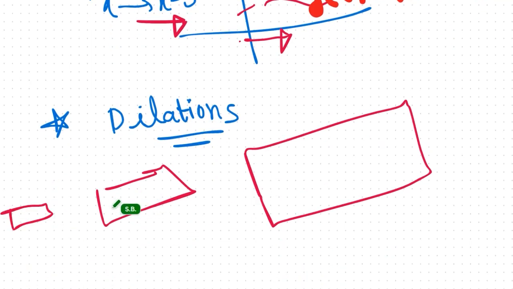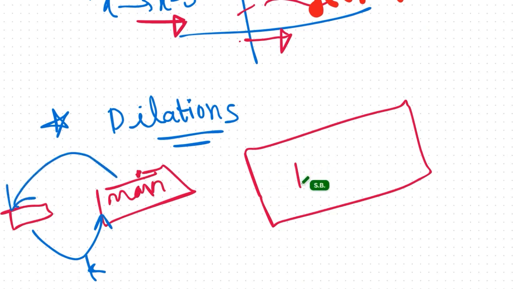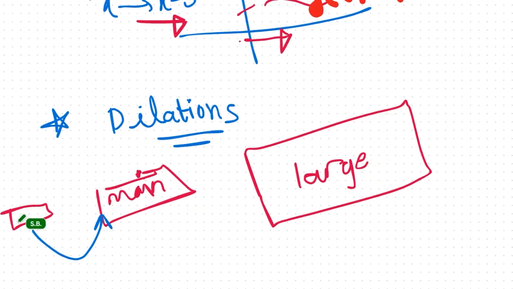Yeah. So basically increasing the size, right? So by what factor you are zooming in, or by what factor you are zooming out is important, right? Dilation factor we call it, correct? So this is zoom in, this is zoom out.